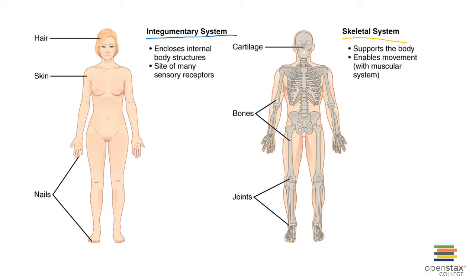So there are the actual bones themselves, and then cartilage is also part of that. We'll spend a lot of time talking about different types of joints and different joints of the body which allow movement. And of course, what causes the movement is the muscular system. So they all work together.